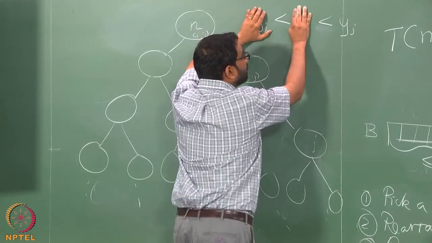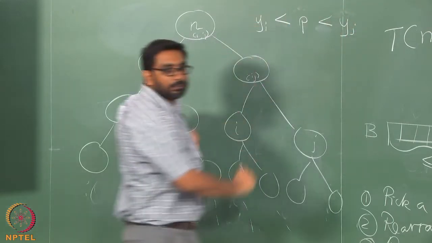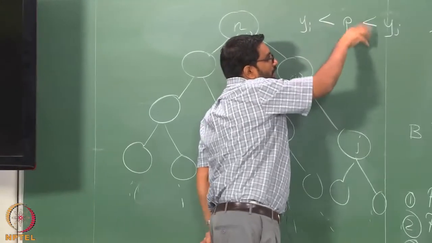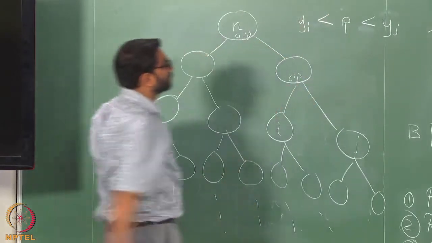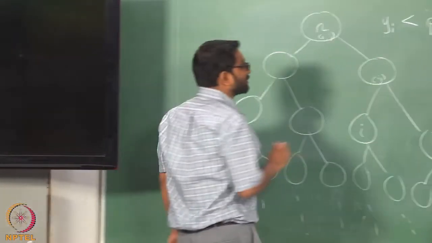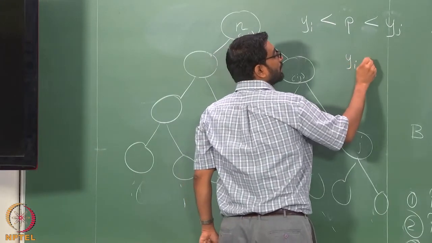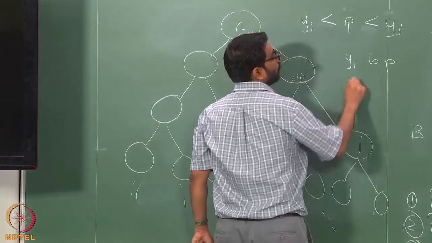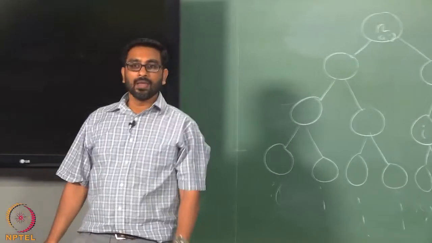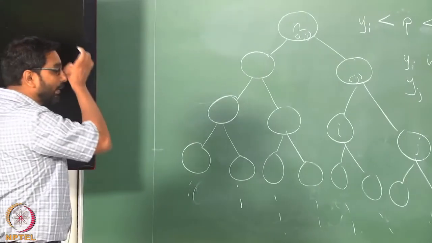Yi was compared with the pivot and Yj was compared with the pivot, but these two were not compared. So every time the pivot is chosen in the middle, excluding Yi and Yj, no comparison takes place. The only way a comparison can take place is if either Yi or Yj is the pivot. These are the only two possibilities under which Yi and Yj can be compared.